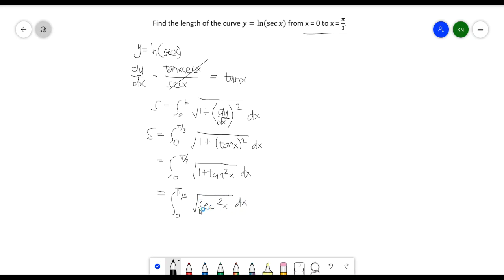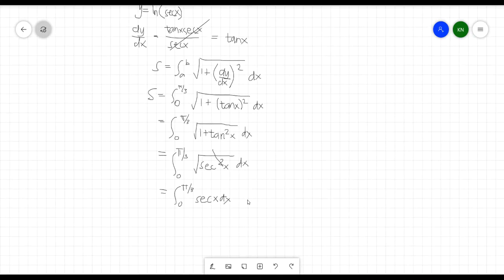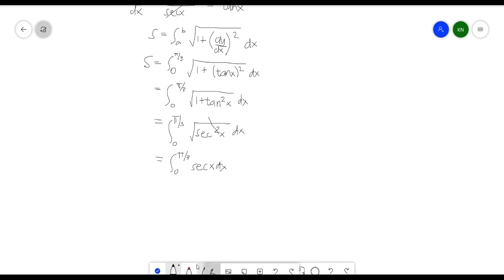And then to find the square root of this one, we can just cancel the square and the square root. So what we have left is the integral from 0 to pi over 3 of secant x dx. As you can see, it will be easier now to integrate this kind of function.